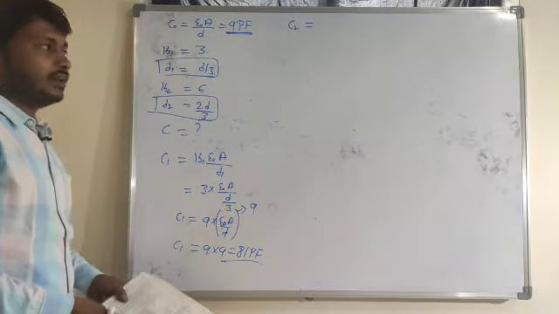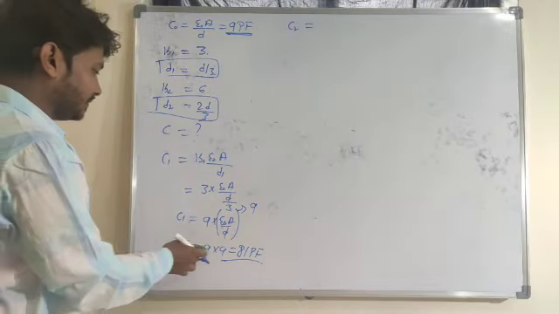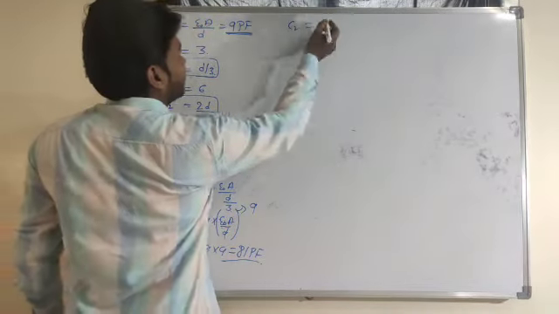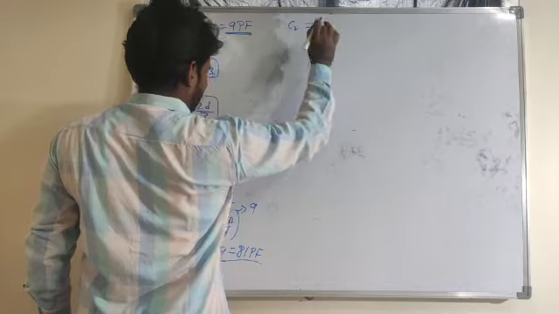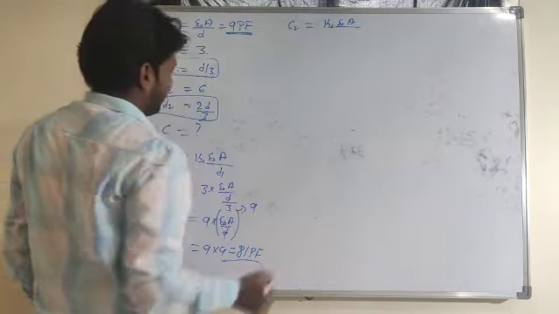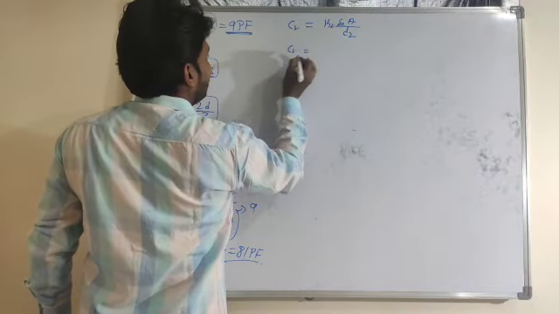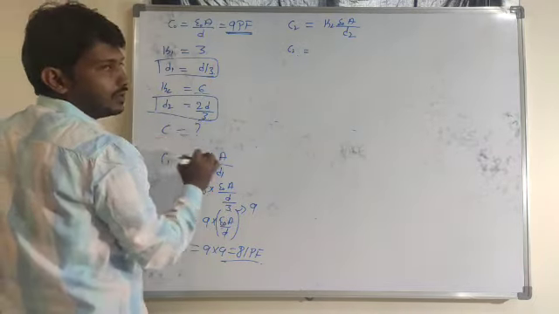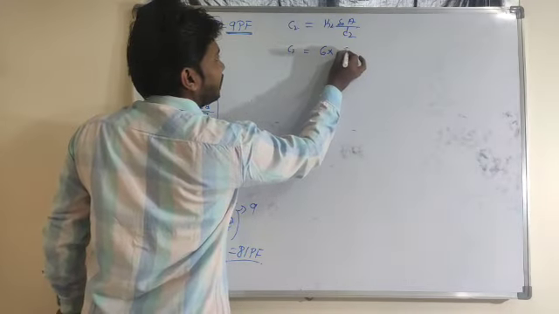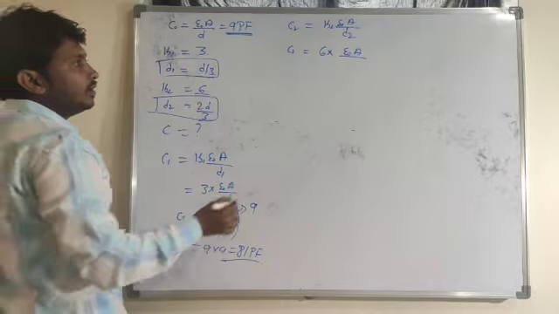And C2 value I will consider here. C2 is K2 into epsilon naught into A divided by D2. K2 value is 6 here. Epsilon naught into A divided by the distance, which is 2d by 3.